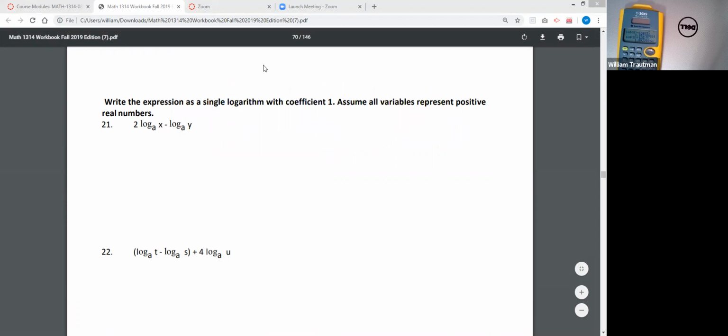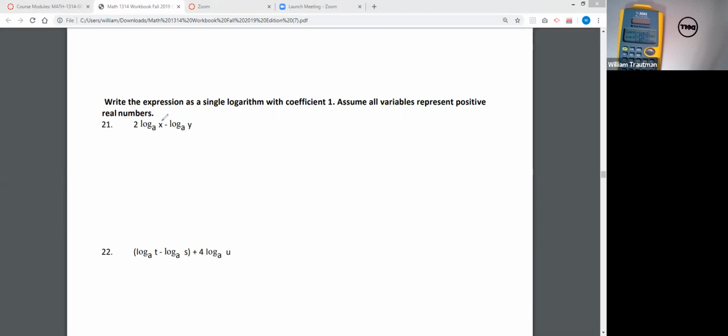Write the expression as a single log, assuming all variables represent real numbers. It says write it as a single log. That means we want to squeeze this together.